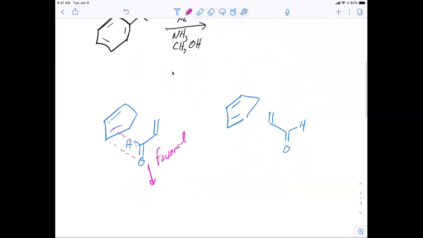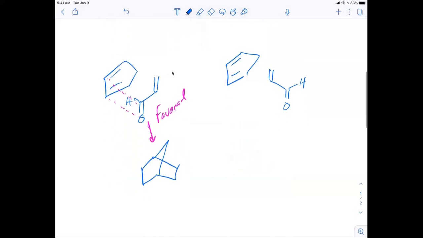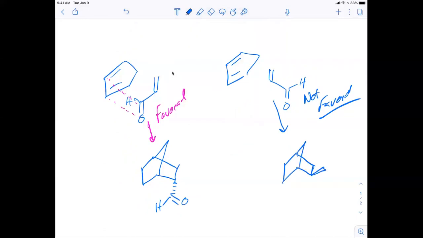This results in the endo, with the carbonyl going down towards the inside. This one, which is not favored, results in the exo.